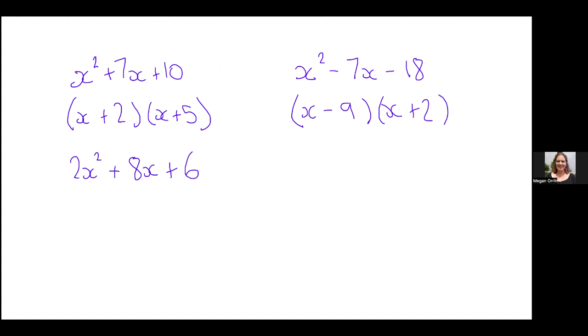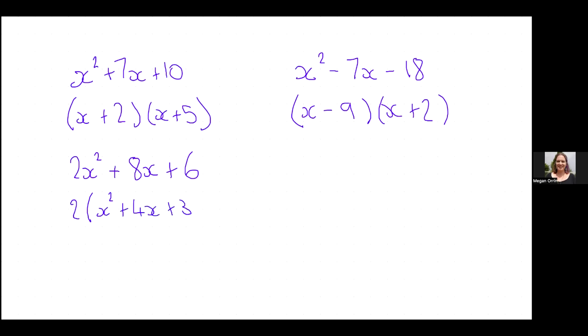There's something I should look for first all the time when I'm factorizing anything, let alone quadratics. Common factors, good. So are there any common factors here? Good, so I'm going to pull 2 out first. So it becomes 2, and then I've got x squared plus 4x plus 3, right?